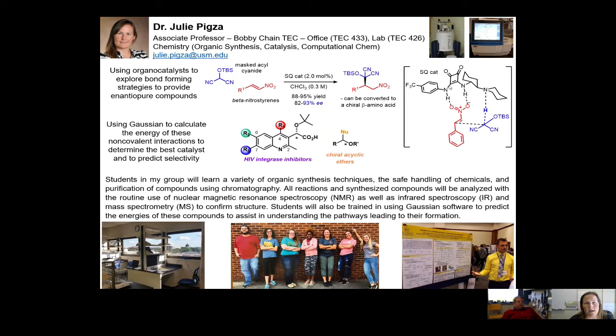The catalyst is what is known as chiral, and so it can impart that chirality and direct the formation of product during a reaction. In this reaction we've developed in the lab, we're combining this reagent in blue and the substrate in red, and you can see that we form the bond between the two in the presence of the squaramide catalyst. The bond is drawn thick, so that is a wedge coming towards us. Alternatively, it could be going away from us, and that would be the other product.